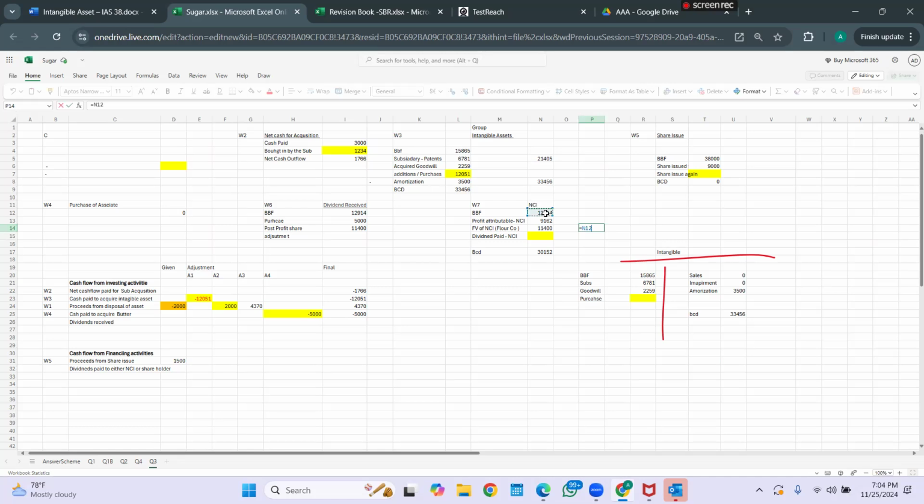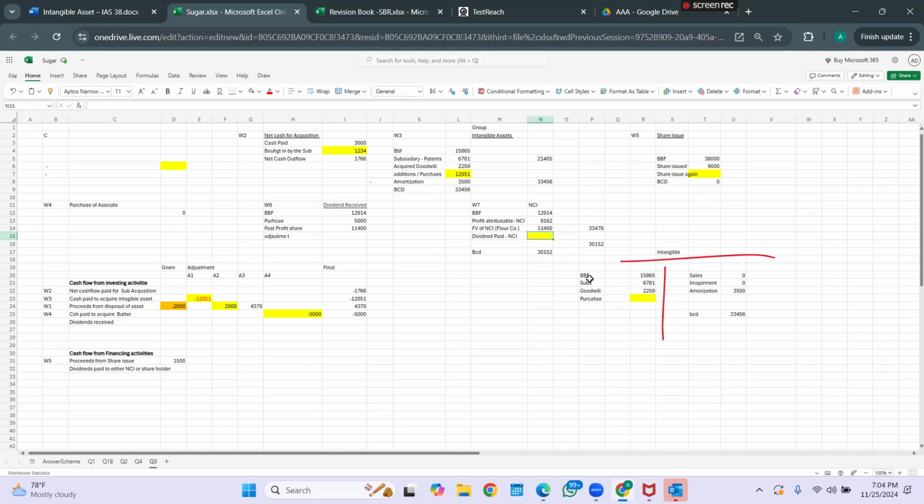So this plus this plus this, all of these are on your credit side. And your balance carried down is showing as 30,152. Can you see it's dropping from 33 to 30?